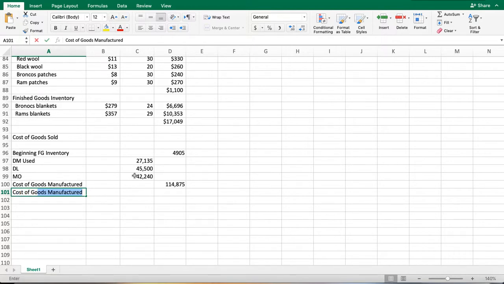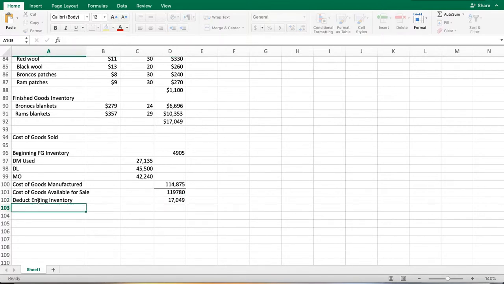And then those added together give me my cost of goods available for sale. So my 49, my beginning inventory, plus the cost that I put into my manufacturing process this month. And then if I subtract my ending inventory, which is 17,049, which I calculated right here. See that number, 17,049?